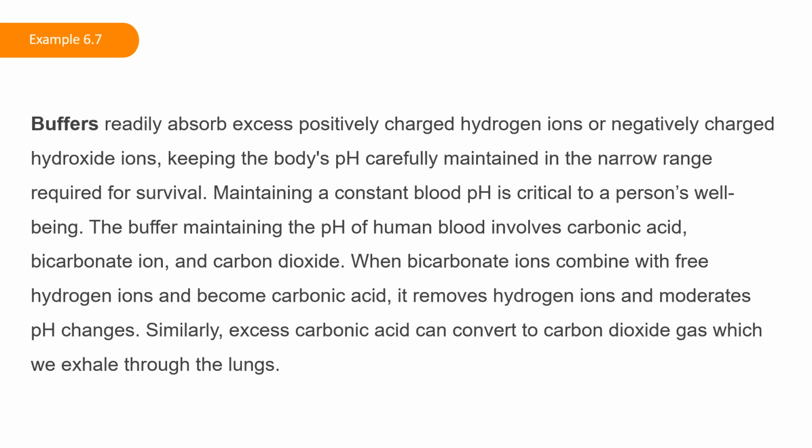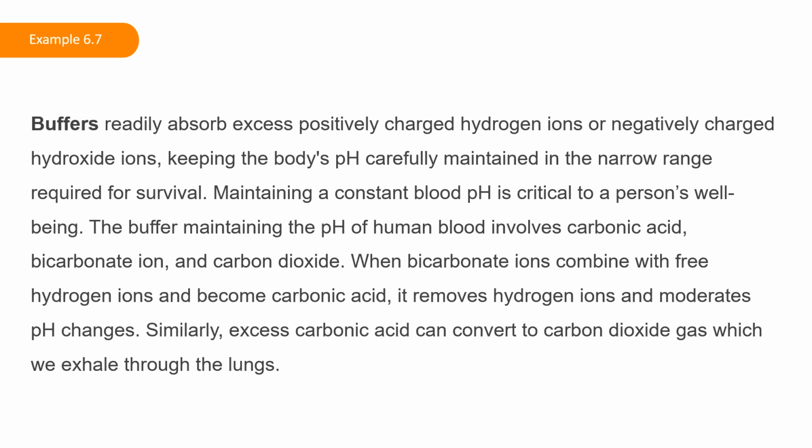Maintaining a constant blood pH is critical to a person's well-being. The buffer maintaining the pH of human blood involves carbonic acid, bicarbonate ion, and carbon dioxide. When bicarbonate ions combine with free hydrogen ions and become carbonic acid, it removes hydrogen ions and moderates pH changes. Similarly, excess carbonic acid can convert to carbon dioxide gas, which we exhale through the lungs.